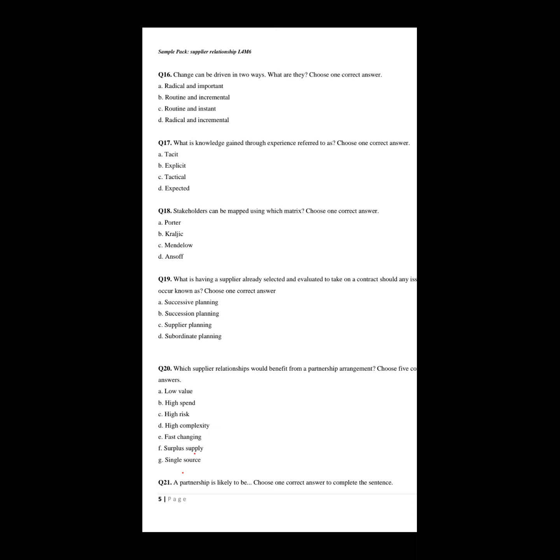Question 19. What is having a supplier already selected and evaluated to take on a contract should any issues occur known as? Choose one correct answer. A, successive planning. B, succession planning.